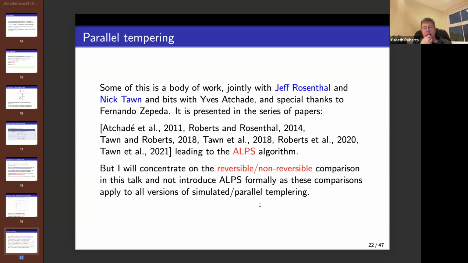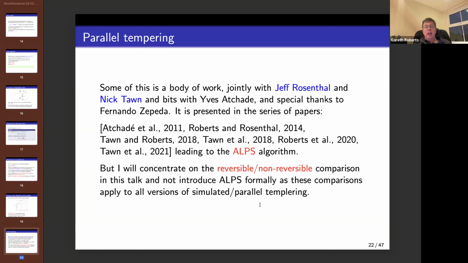Okay, so I've been doing quite a bit of work on these kinds of algorithms in recent years, especially with Jeff Rosenthal, Nick Tawn, originally with Yves Atchadé, and special thanks to Fernando, my student, who's done a couple of plots that I'll use later on.